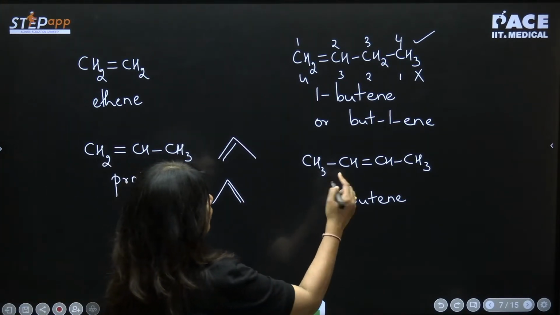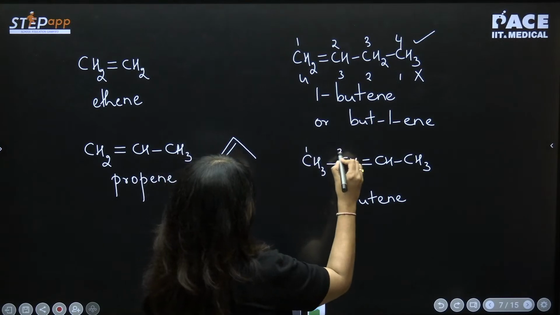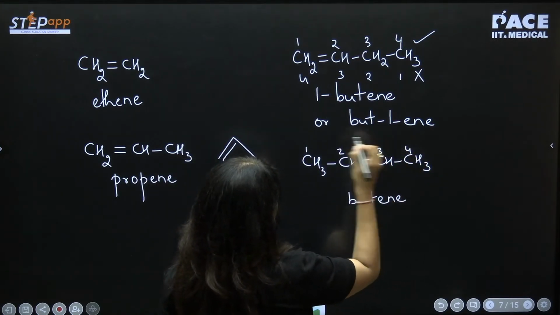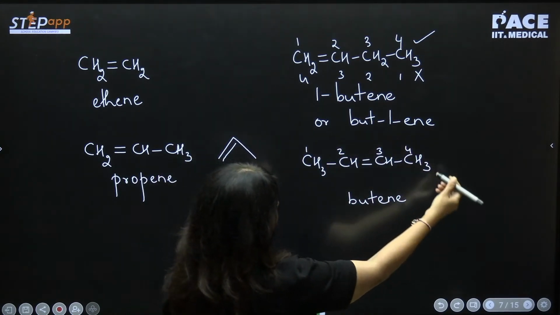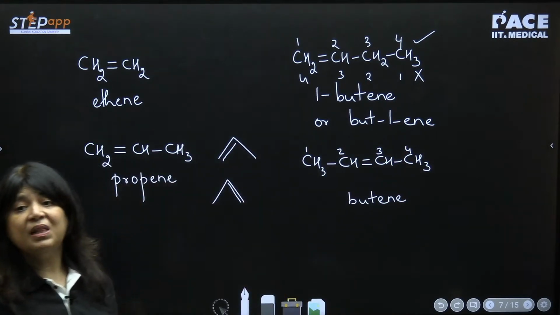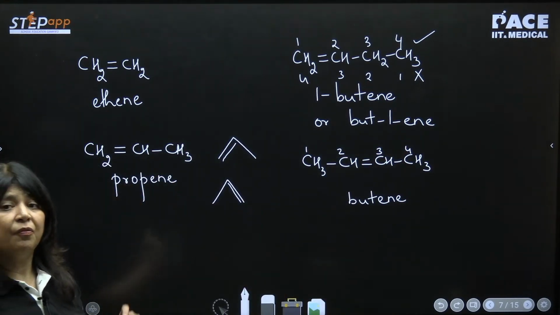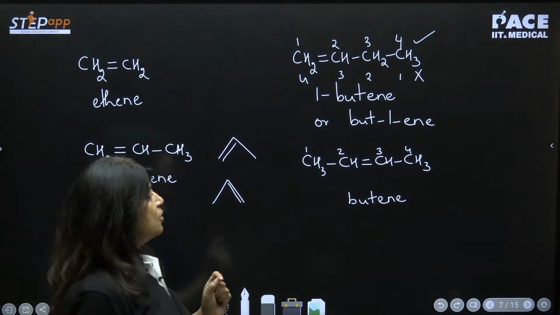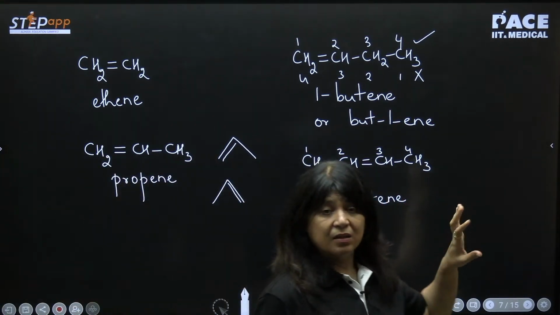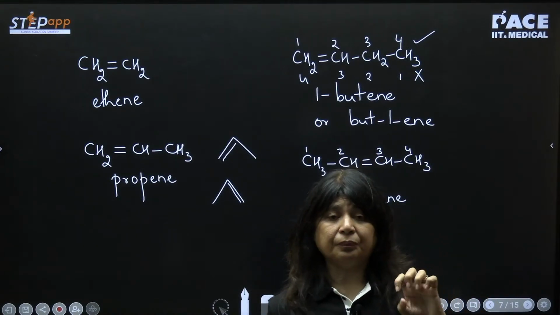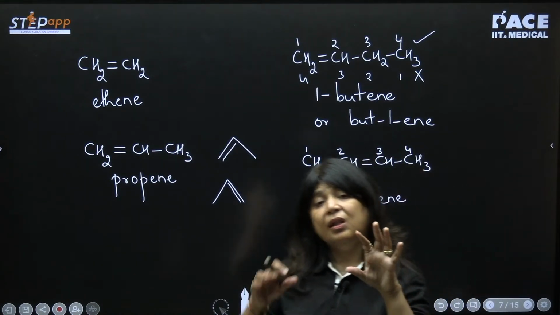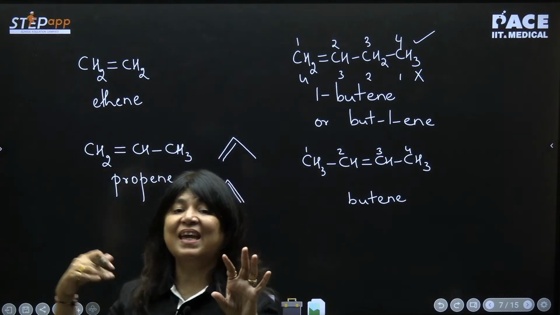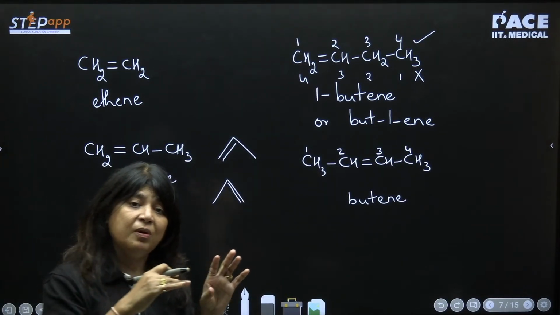For this compound, numbering from any end, that means from left to right or moving from right to left, will give me the same set of numbers for the carbon-carbon double bond, that is 2 and 3. So this is a symmetrical alkene. Symmetrical alkenes are those for which the numbering from left to right is the same as numbering the carbon chain from right to left.